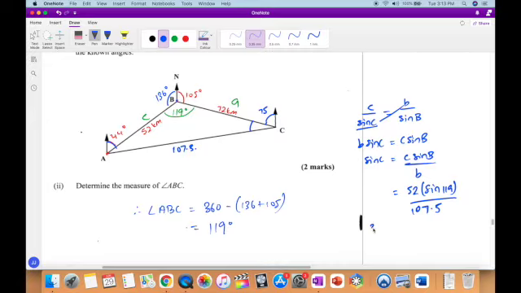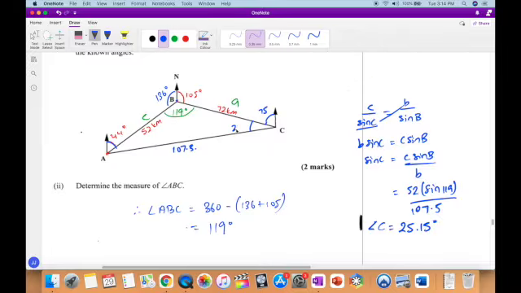So therefore sine of C is equal to, I'll type the sine of 119 first, then I'll multiply that by 52, and then I'll divide that by 107, and then I'll find the sine inverse of that. So the sine inverse of the answer gives me the angle at C to be about 25.15 degrees.